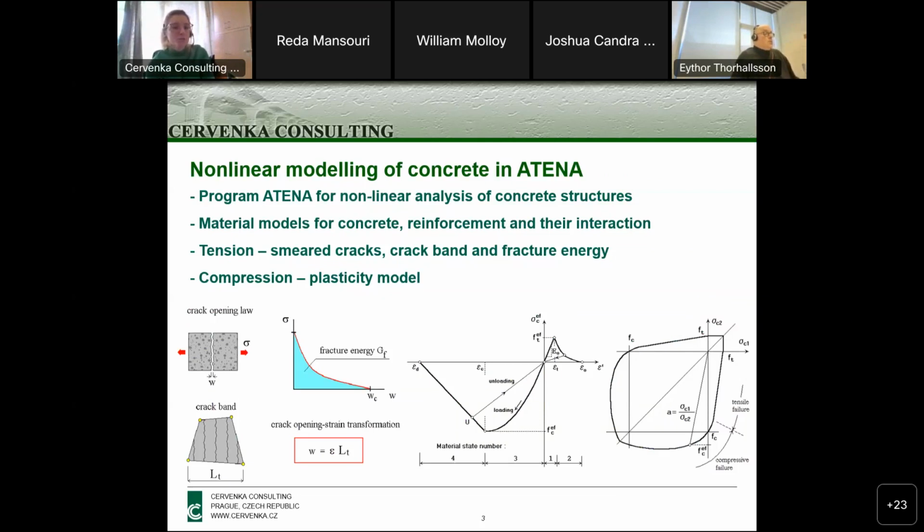For tension, the whole model is a fracture plastic model. It uses an orthotropic smeared cracks model with crack band and fracture energy. And for compression, we are using a plasticity based model. These are the models for concrete, but we also have models for reinforcement and for the interaction of reinforcement and concrete. Therefore, we are able to capture the real behavior of reinforced concrete structures.